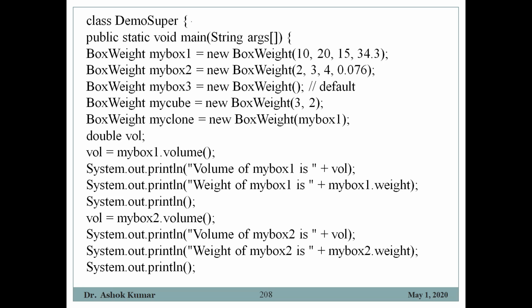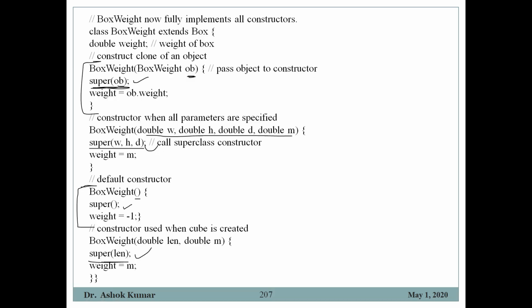So what will happen? Here we are calling the constructor with 4 parameters. This will create the object, and 10, 20, 15 and 30.4 will be passed on to these 4 parameters, and this constructor will in turn call the superclass constructor.